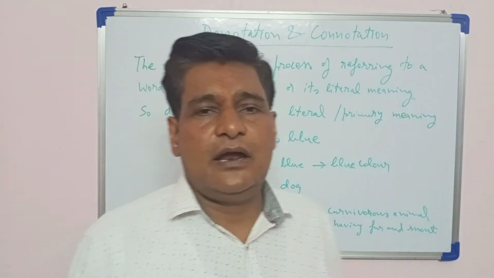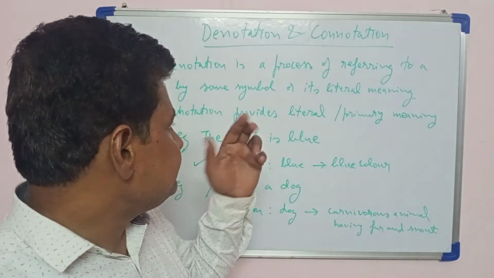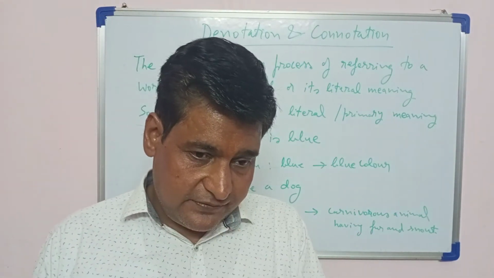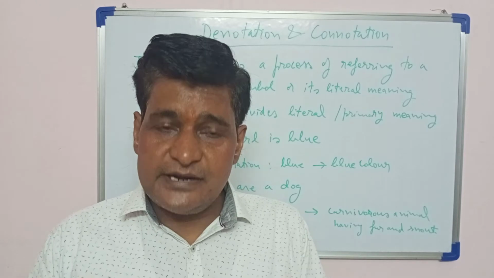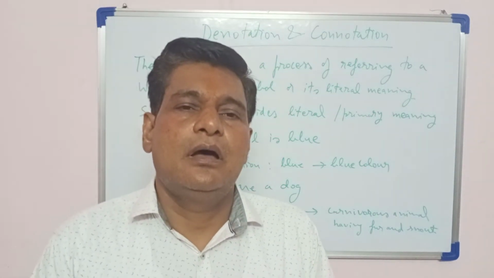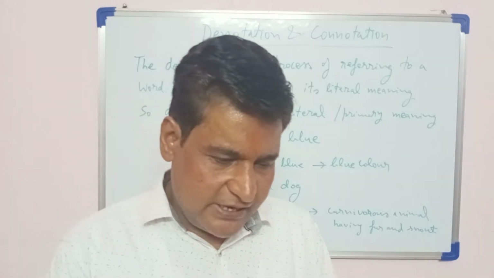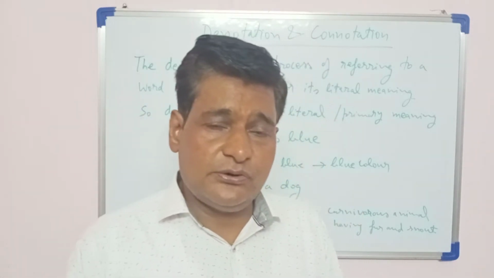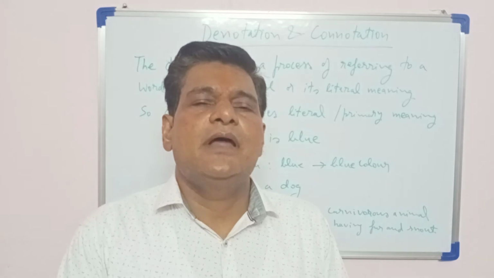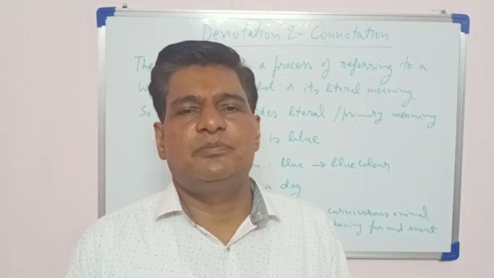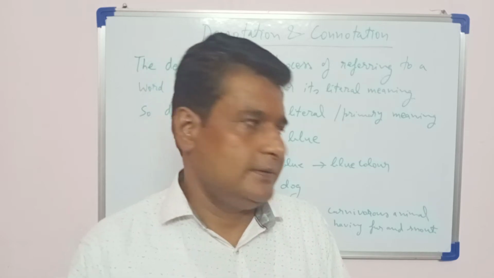So let's understand about connotation. Connotation is just the opposite. It gives you some ideas which are associated with the word. It gives you some feelings. So we can say if there are certain synonyms of a word, then denotation will give you the similar meaning, but connotation would be very different for each of the word.